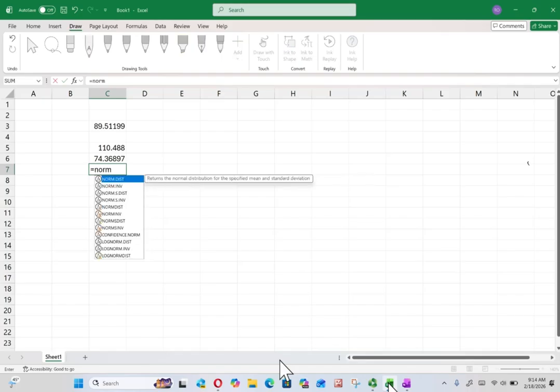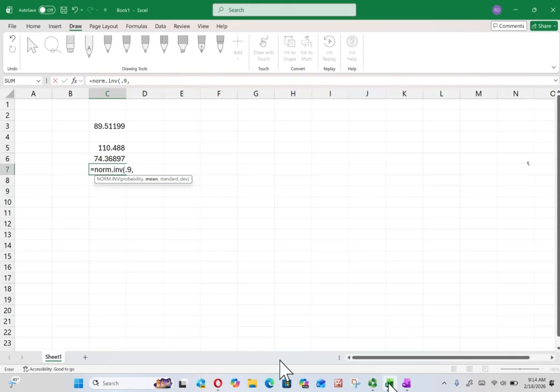Equals NORM.INV, 0.9, 100, 20, and that's 125.6.